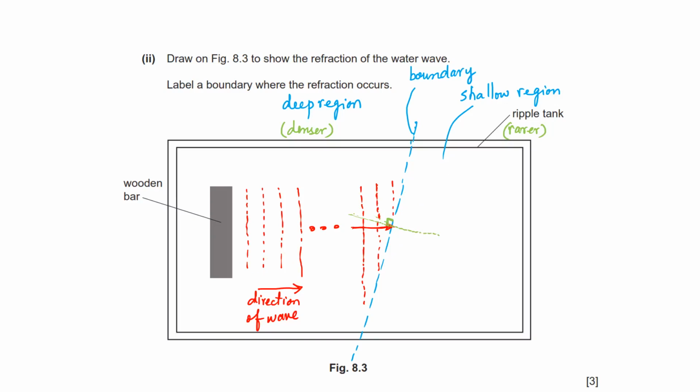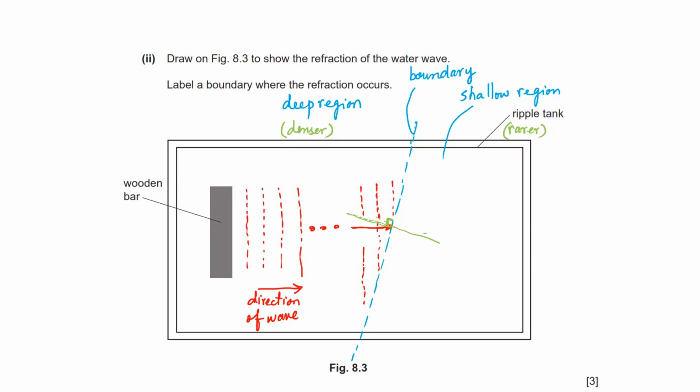This green line is my normal line. Again, it's always good to have a ruler and a protractor to draw this line. So this is a 90-degree line.